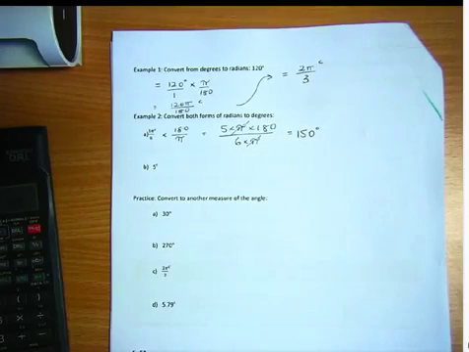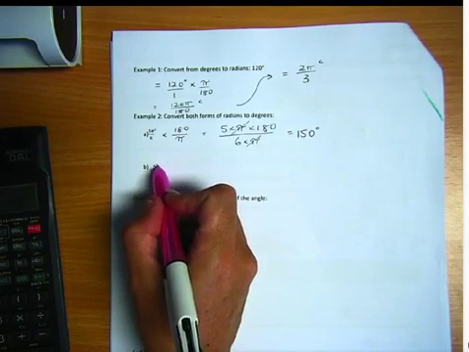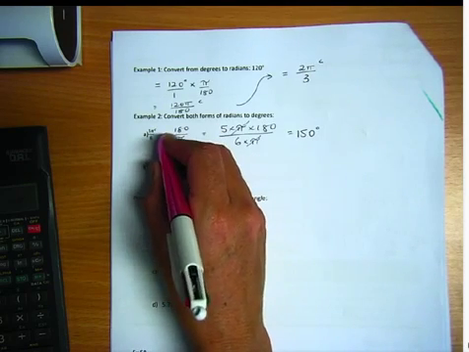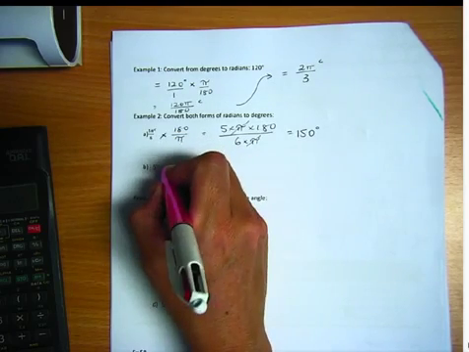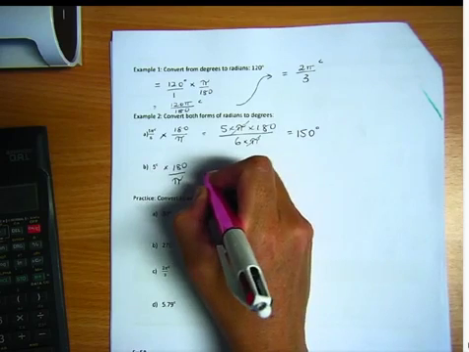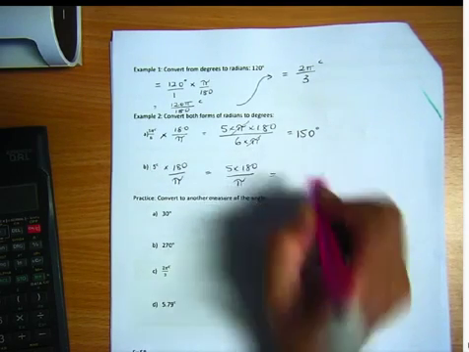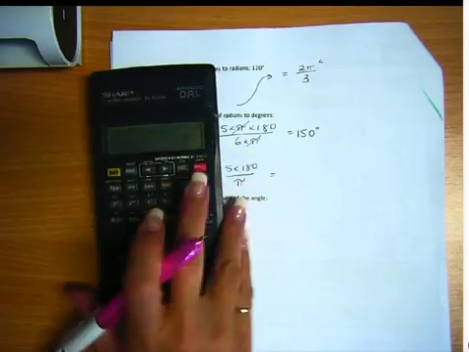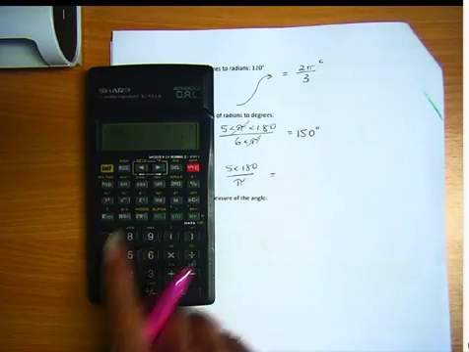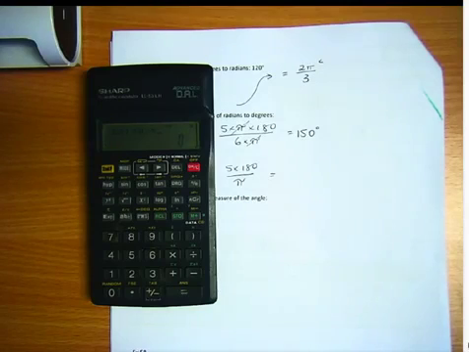Okay. Now this one's a little bit different because notice how they've got 5 radians, but it doesn't have a pi in it. Sometimes that happens. We don't always follow the rules and express it with a pi. We still follow the same pattern. Multiply by 180 on pi, so I get 5 times 180 divided by pi. The thing here is when it's in degrees, we actually work it out using the pi button. We do not leave it with pi in it when it's degrees.